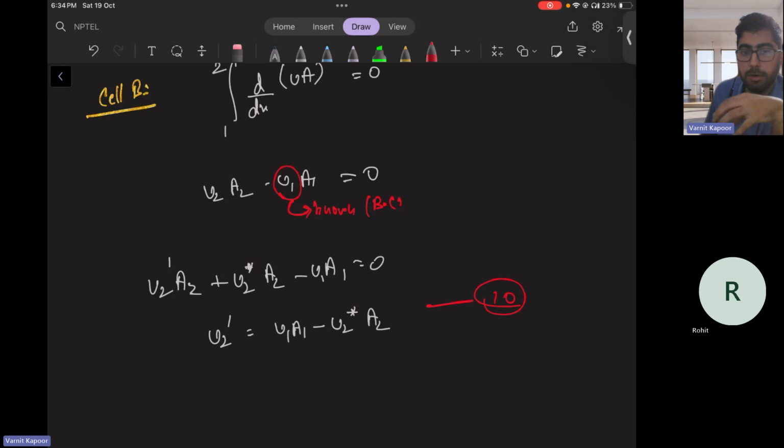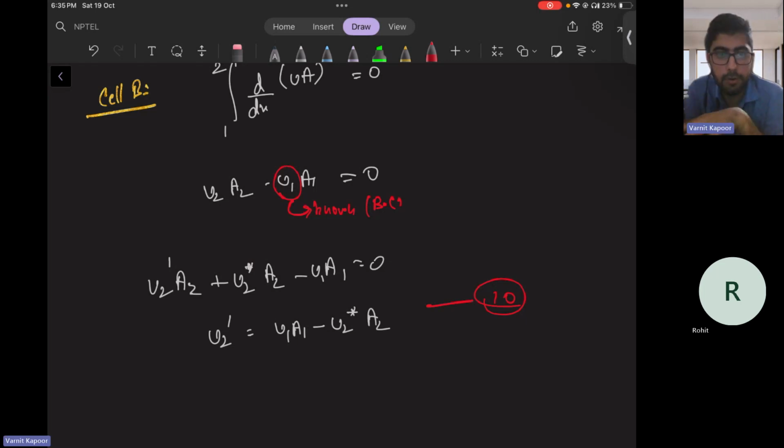So this is basically given boundary condition. You can split your U2 into U prime and U star. So U1 is a given boundary condition. This is the equation number 10.